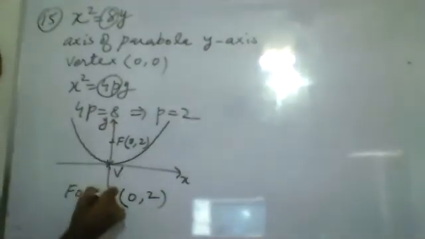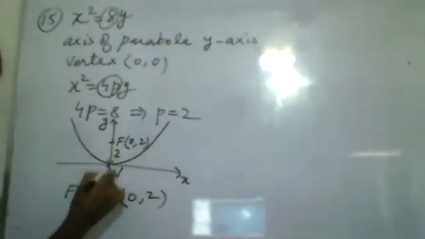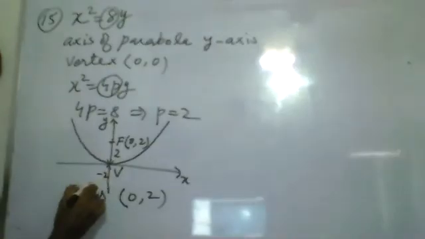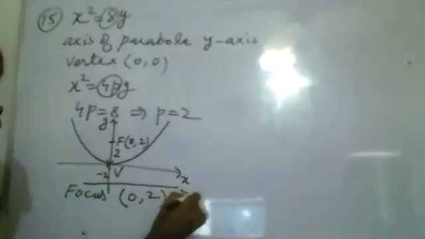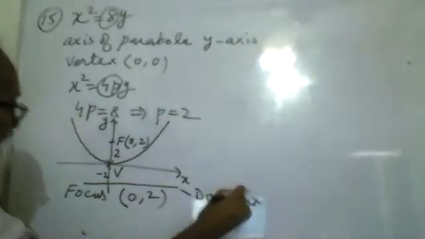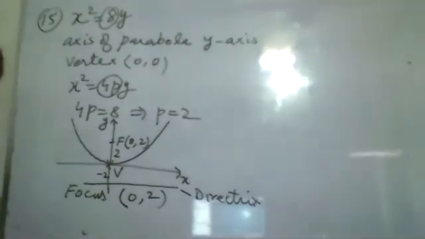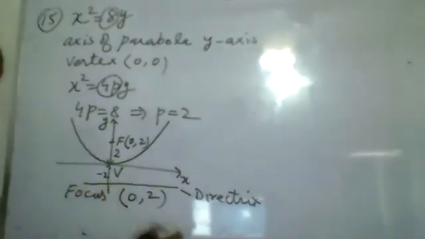The directrix will be on the opposite side. If the focus is at 2, that will be minus 2. Here will be the directrix, on the opposite side of the focus from the vertex.